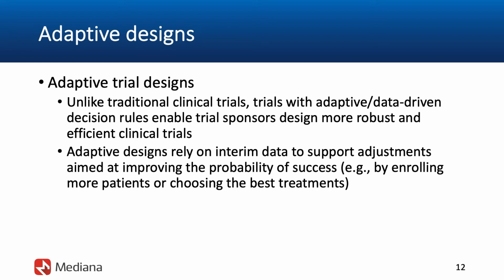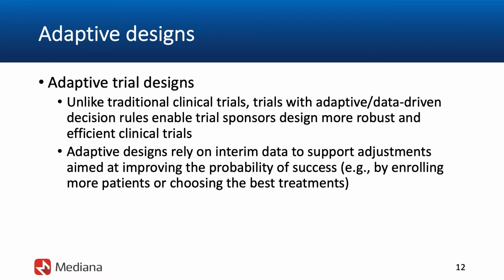For example, we can use, as I said, interim data to increase the total sample size in a trial or to drop ineffective trial arms. And those decision rules enable trial sponsors, or in general, when we think about general studies, general research teams, to design more robust and ultimately more efficient clinical trials or general studies.